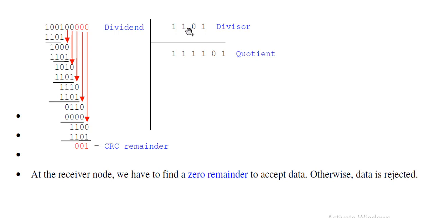The division is like with polynomials. Here, as we are dividing x3 plus 1 by x3 plus x2 plus 1, the result is 1 because they have the same degree. Always the result is either 1 or 0. If the two polynomials have the same degree, then the result will be 1.